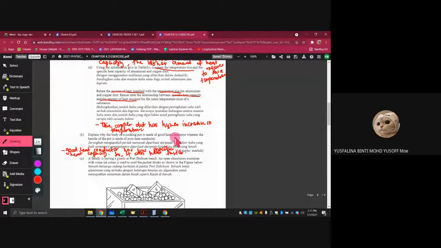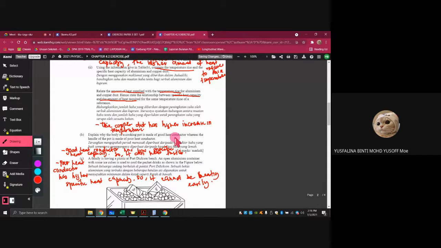And then for the poor heat conductor, it has higher specific heat capacity, so it cannot be heated easily.